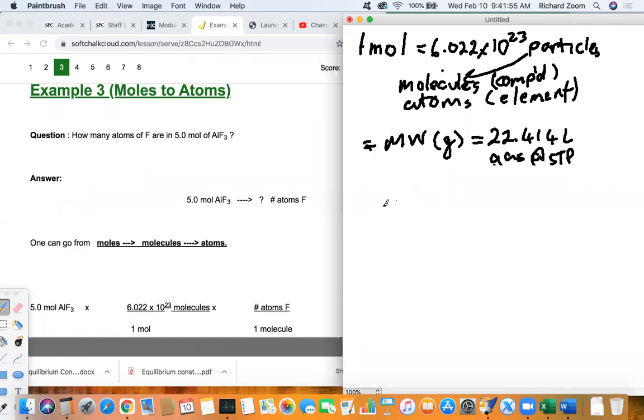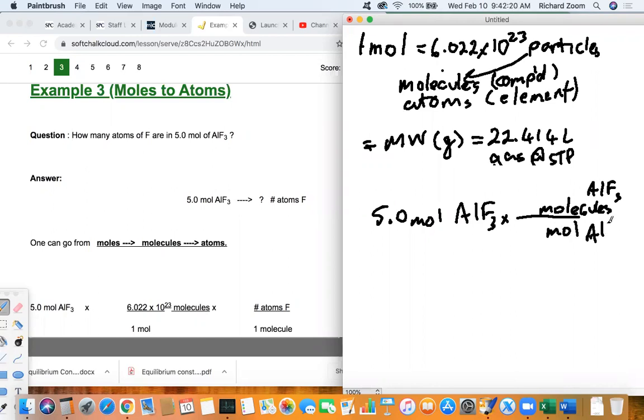So we start out with 5.0 moles of AlF3, and what we're going to have to do first is get some molecules of AlF3 so that we can get to atoms of F at the end. So the moles of AlF3 will cancel.